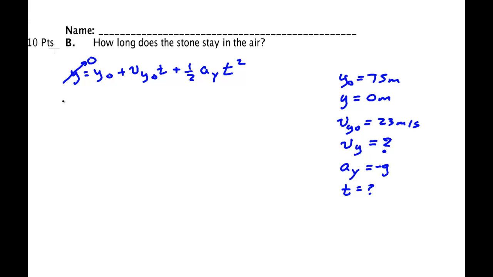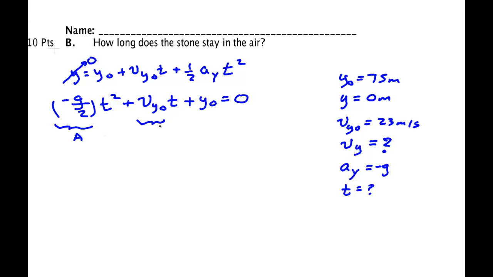We could rewrite that equation as minus g over 2 t squared plus vy naught t plus y naught is equal to 0. This can be identified as A, this as B, and this as C. And so we have a quadratic equation, at squared plus bt plus c equals 0. In that form, we can use the quadratic formula.